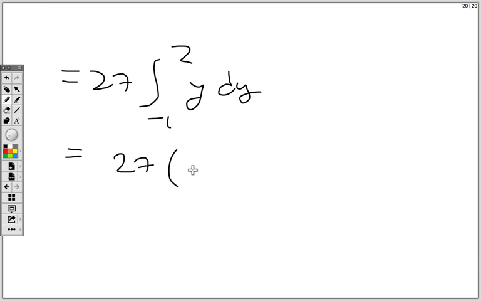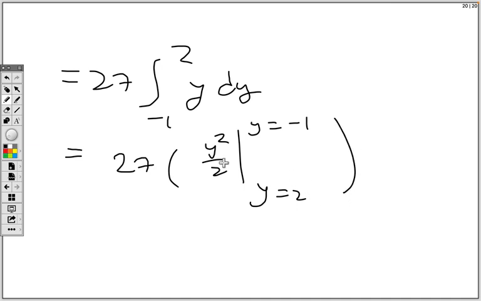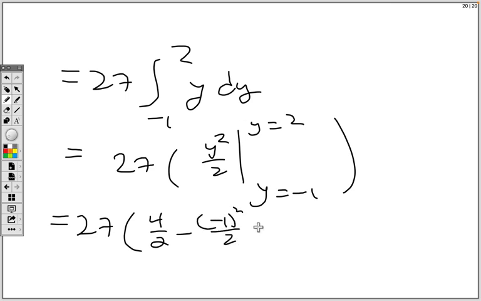That'd be 27 times y squared over 2, y equals -1 to 2. You toss in there, you got 2 squared, 4/2 minus -1/2.